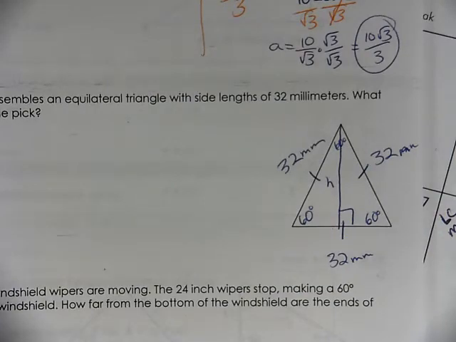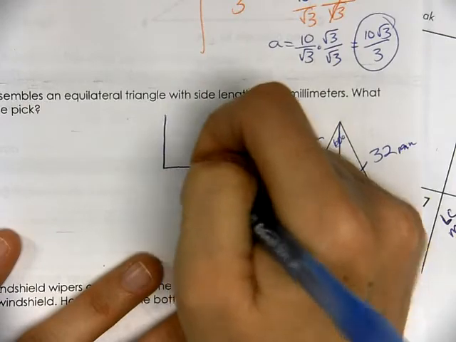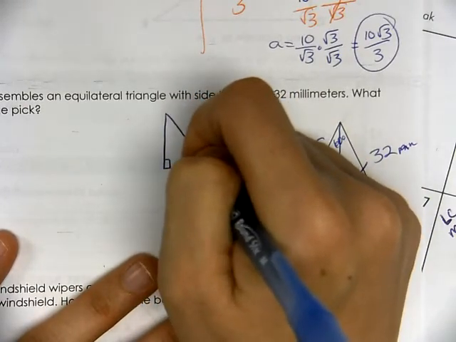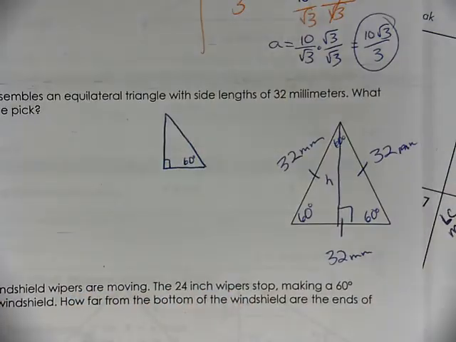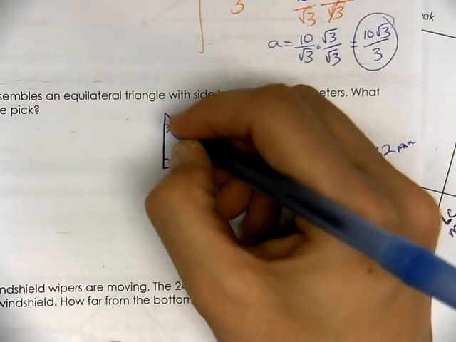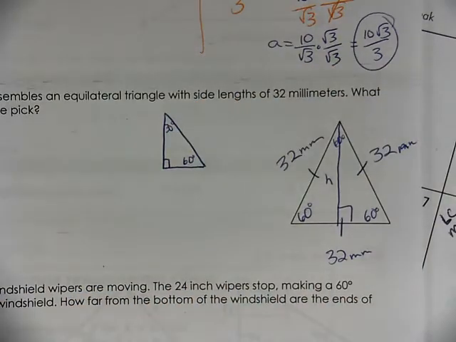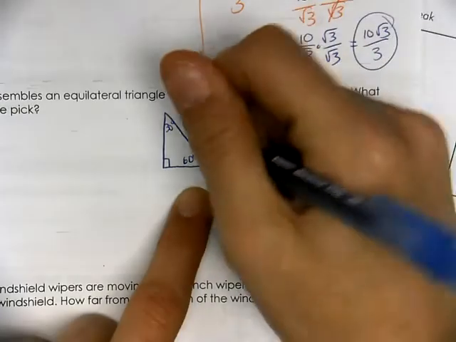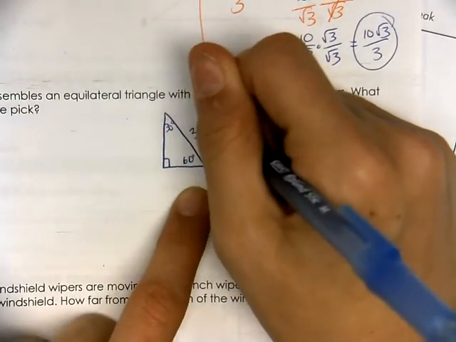So if I cut my guitar pick in half, I end up with here's my right angle, a 60-degree angle at the bottom. The angle at the top is 30 degrees because it's 60, and we've cut it in half. This side here, the 32 millimeters, that's my what?